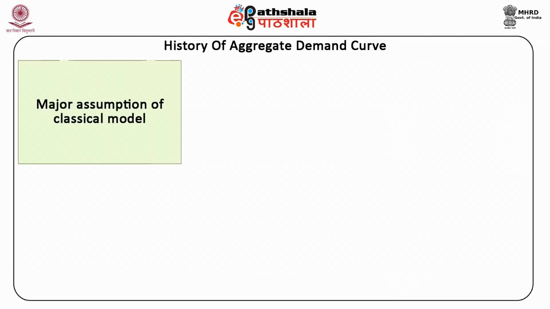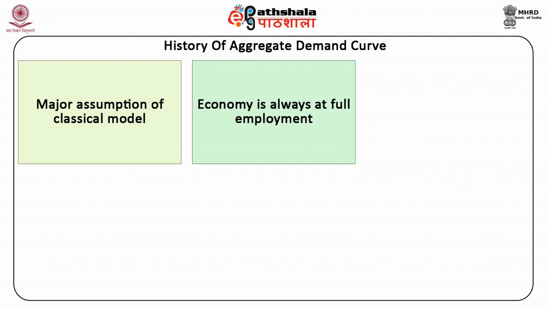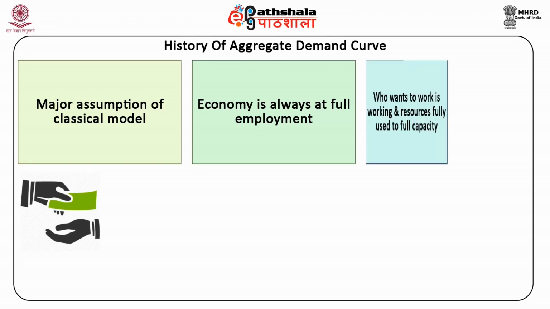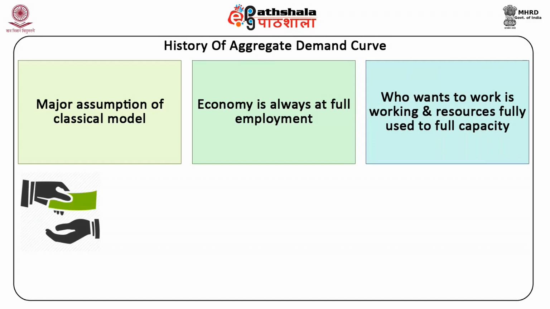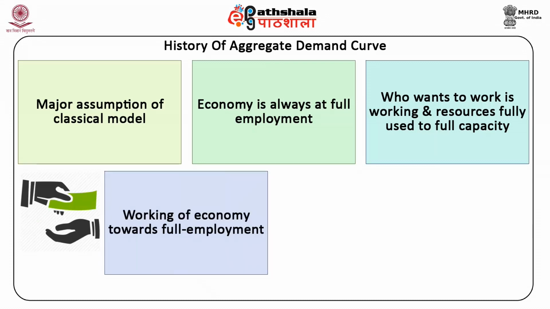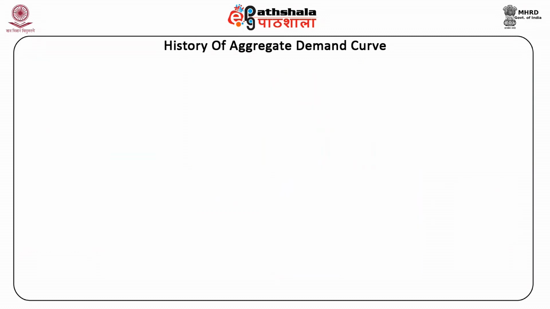The major assumption of the classical model is that the economy is always at full employment, meaning that everyone who wants to work is working and all the resources are being fully used to their full capacity. The mechanism behind the working of the economy towards full employment was an invisible hand.